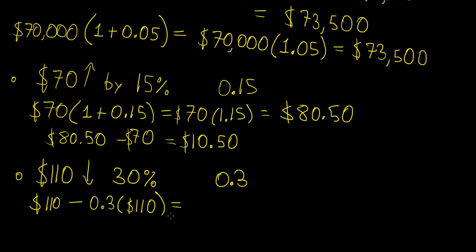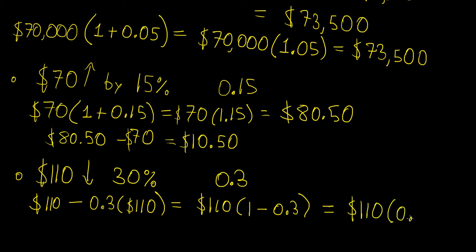If you notice this particular expression here, the 110 can actually be factored out, because it's a common factor between this number and that number. So now we have $110 times 1 minus 0.3, which is the same as 110 times 0.7, and then basically this is going to be $77.